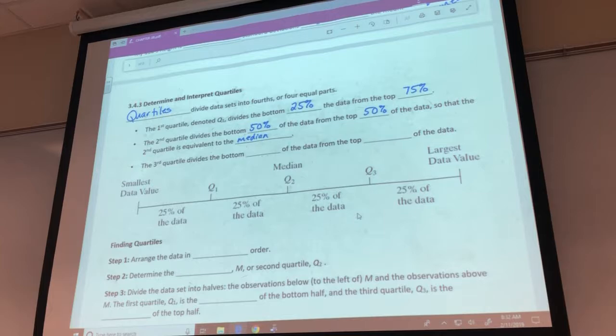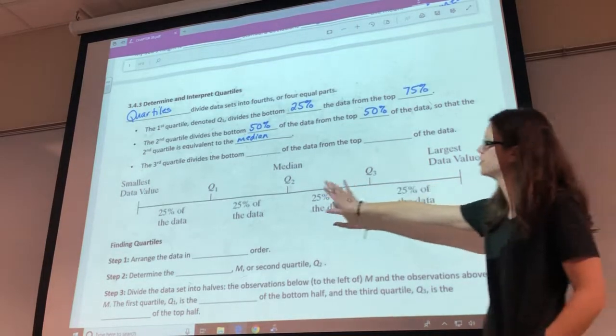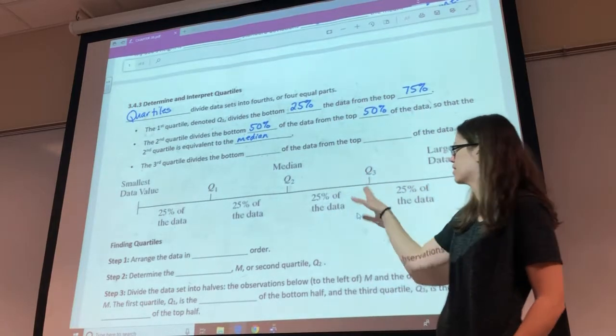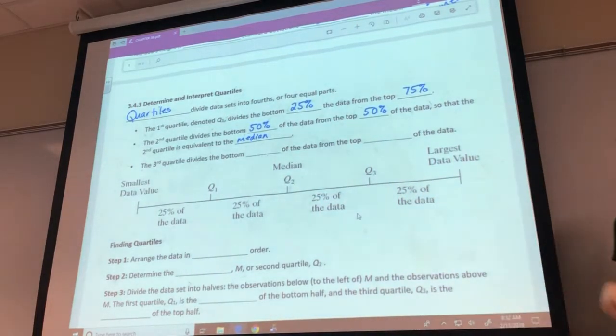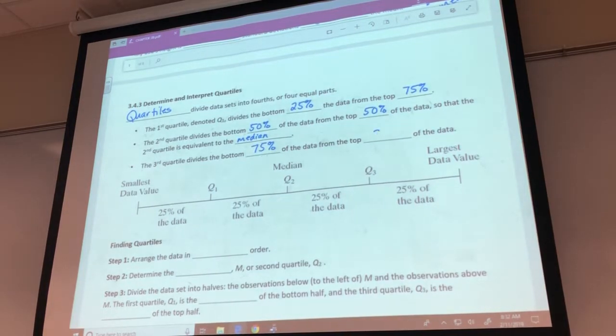All right, and then the last one is the third quartile. That's right here at Q3. So if you look, we've got 1, 2, 3/4 or 75% of the data values below it, and then just 1/4 that's above it. So over here we've got the bottom 75%, from the top 25%.